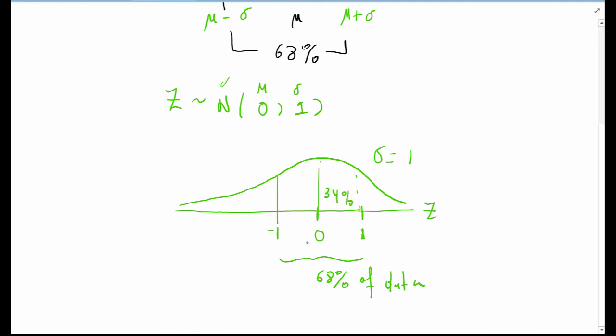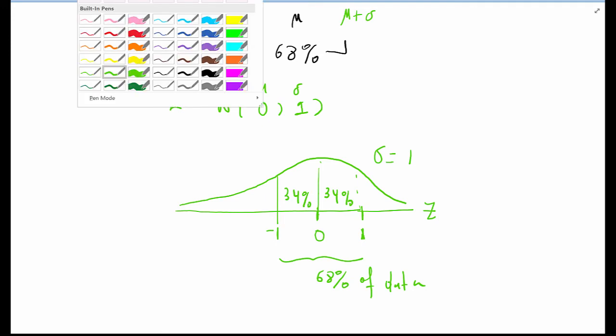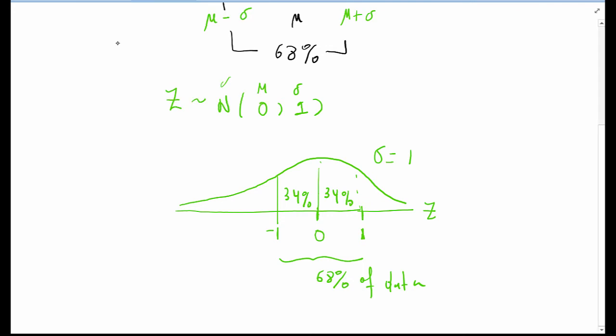And between -1 and 0, I'm going to have the other 34%. And under the whole curve, obviously, I am going to have 100% of the data. So keep in mind that under the curve you have 100% of the values.